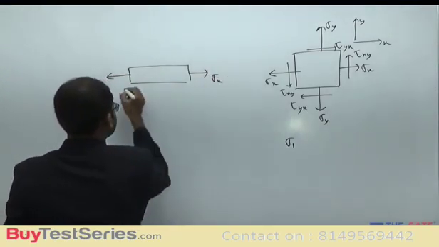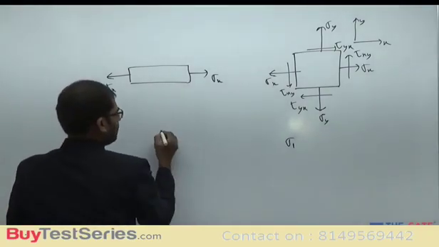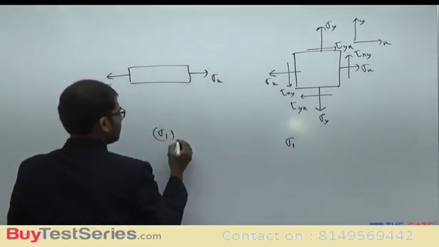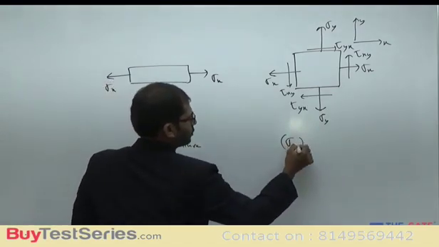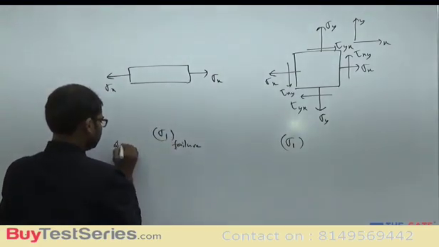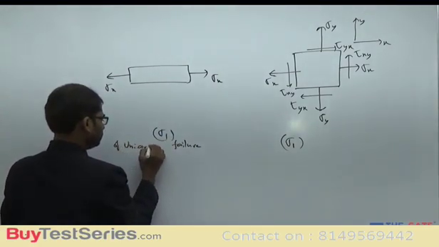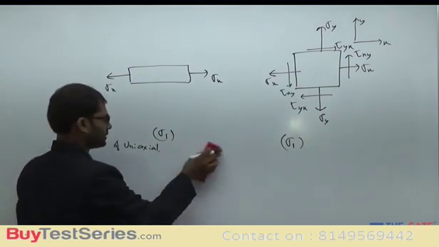If there is sigma x in this x direction here, then sigma 1 of this combination loading case at the time of failure is compared with sigma 1 of the uniaxial case.